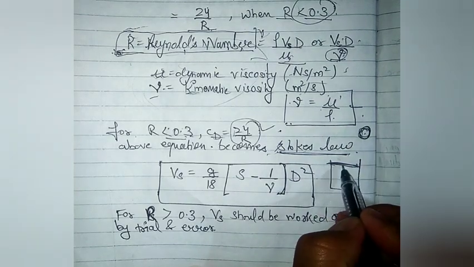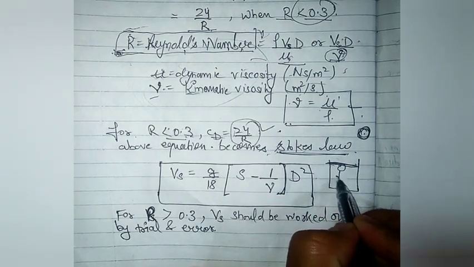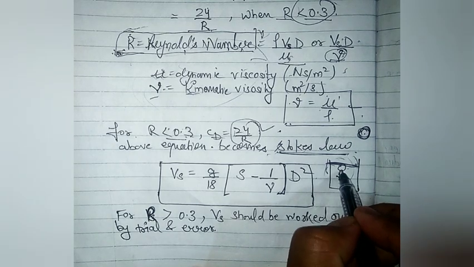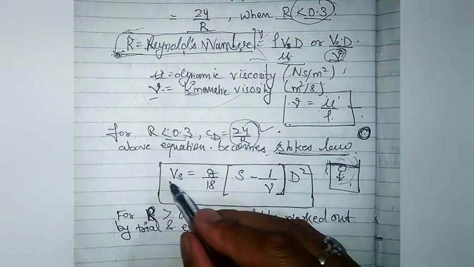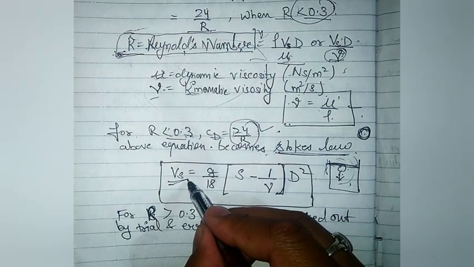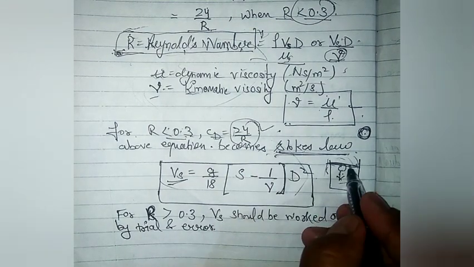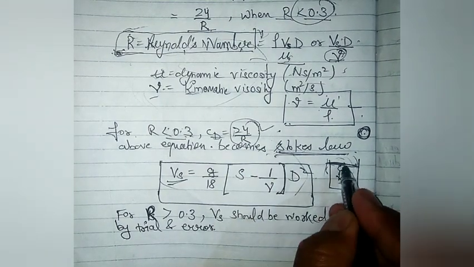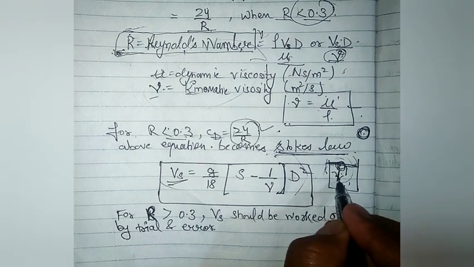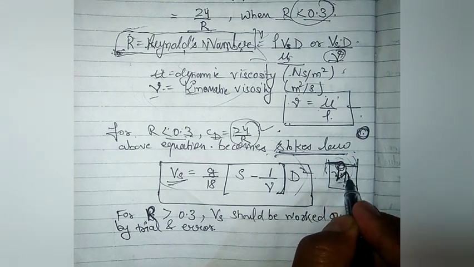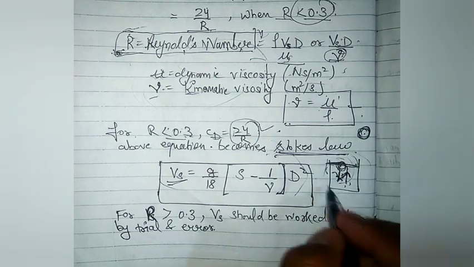If a spherical particle moves downward in any fluid, then it moves downward with a certain velocity, which is called the settling velocity, and it is given by this equation. This is Stokes law, because when this particle moves down, it will experience some drag which is offered by the fluid.